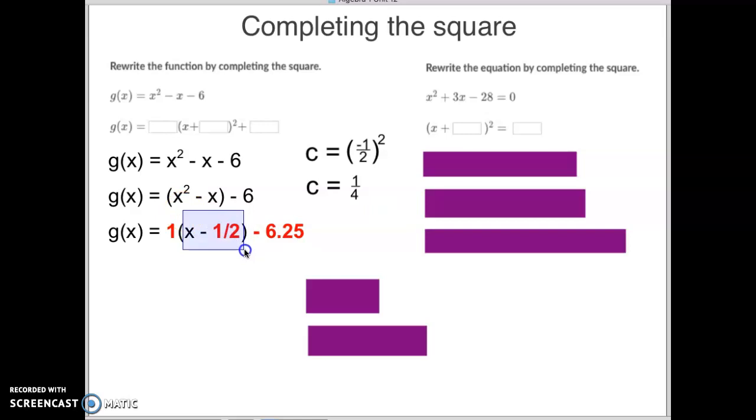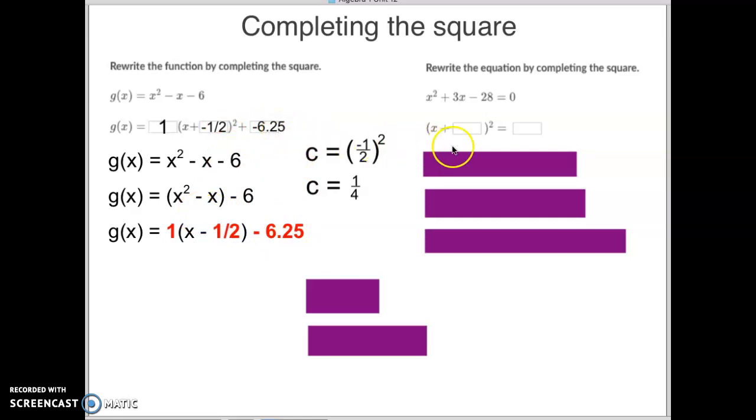Well, the opposite of adding 0.25 to nullify that is to take away 0.25. We're already taking away 6, so if we take away an additional 0.25, it's taking away 6.25. So these red numbers are the numbers that go right up in here. We have the 1 from here, we have the -1/2 that came from right here, and we have the -6.25 that came from right here.